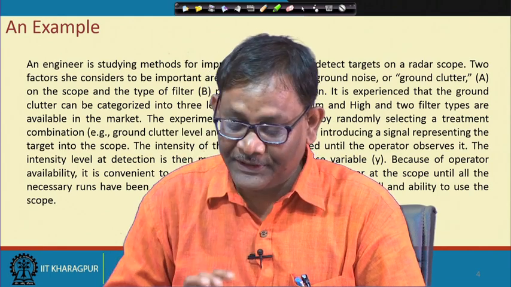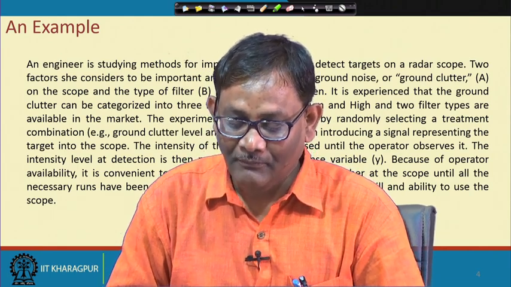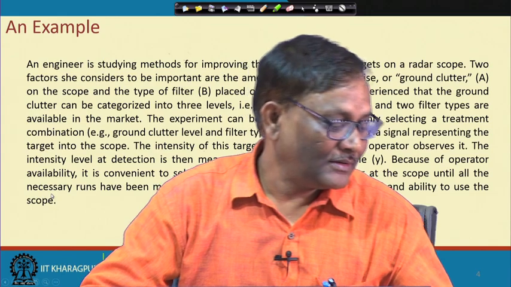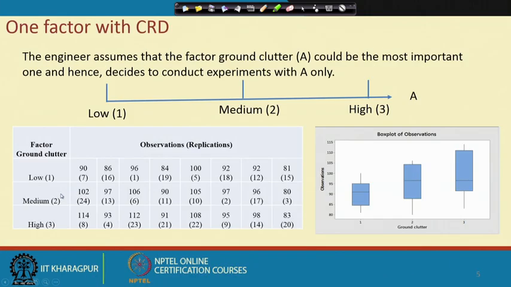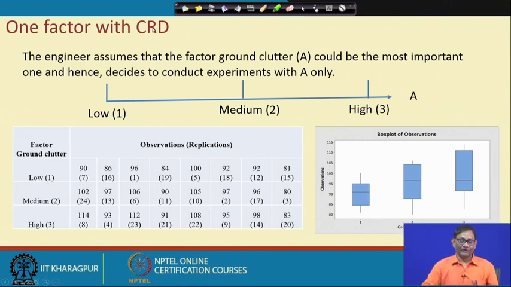So, given this information, let us see some of the designs. First, think of a one factor completely randomized design. Here, the engineer assumed that the factor ground clutter could be the most important one, and hence decides to conduct experiments with A only.